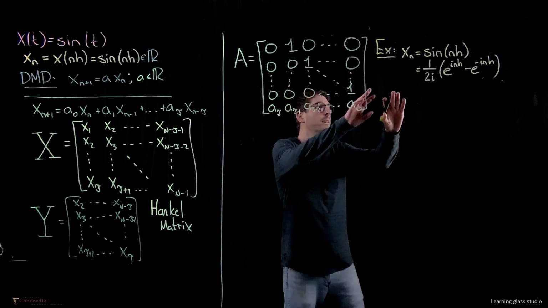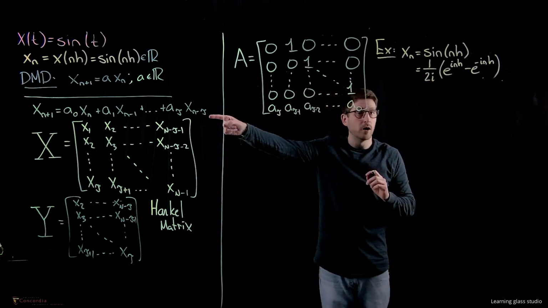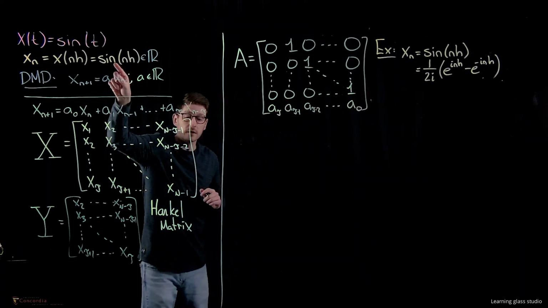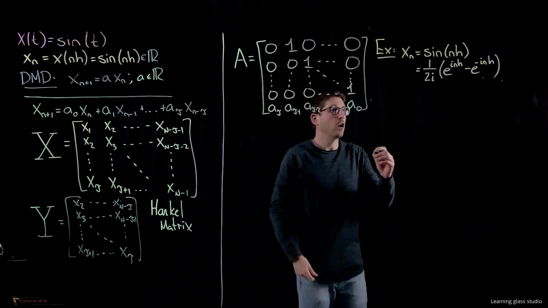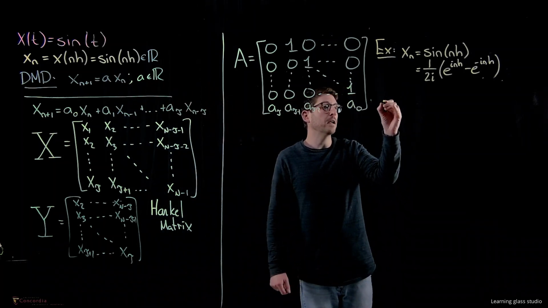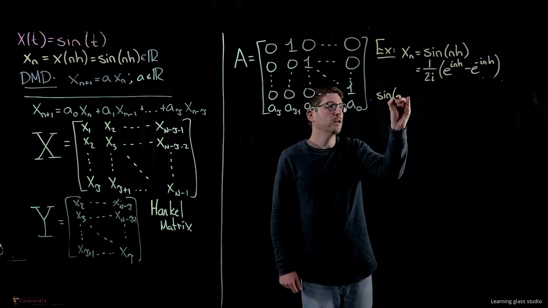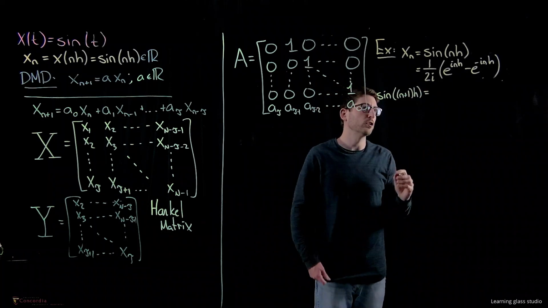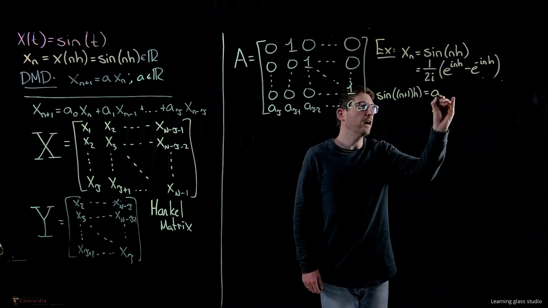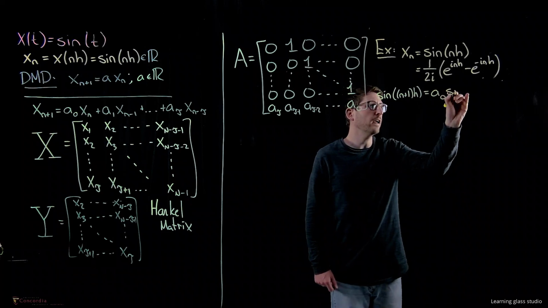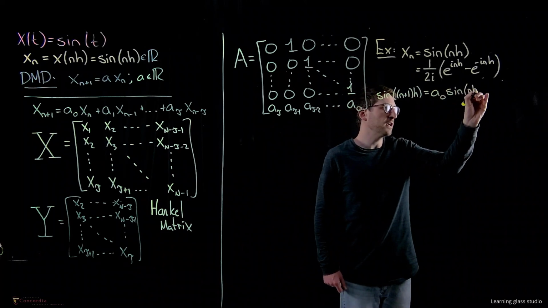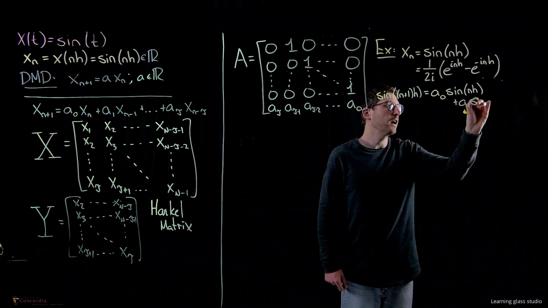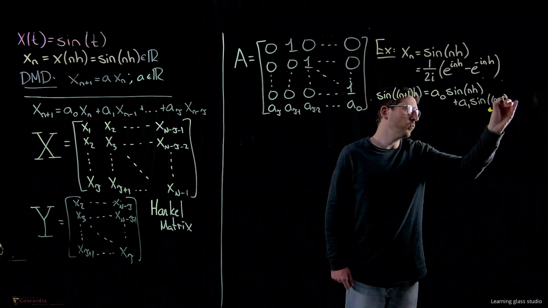But first of all, let's create an ARMA model that uses only one time delay. Let's see if we can reconstruct this signal just using one time delay. So that would mean that I want x_{n+1}, so that's sine of (n+1)h, equal to a0 times sine of nh, plus a1 times sine of (n-1)h.